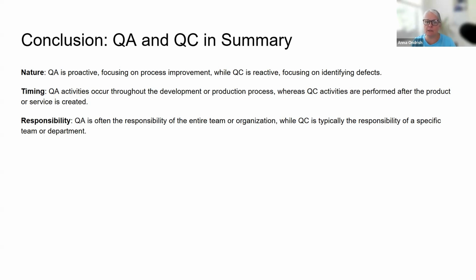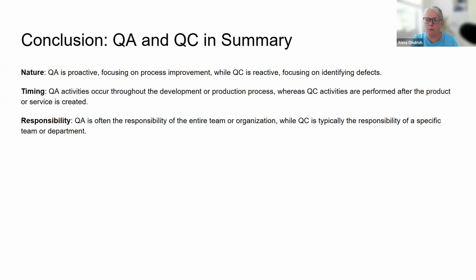And then the responsibilities are different, right? So QA is often the responsibility of the entire team or organization, while QC is typically the responsibility of a specific team or department. So let's take, for instance, the testing. Someone is writing your test plan, your test strategy, your test approach.